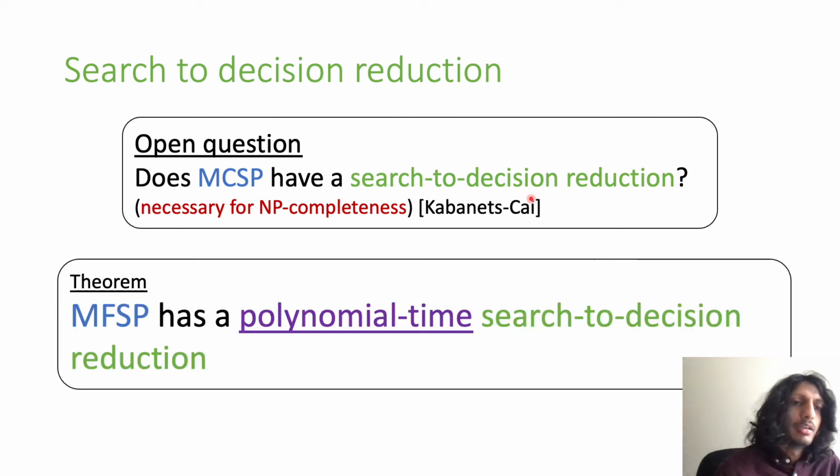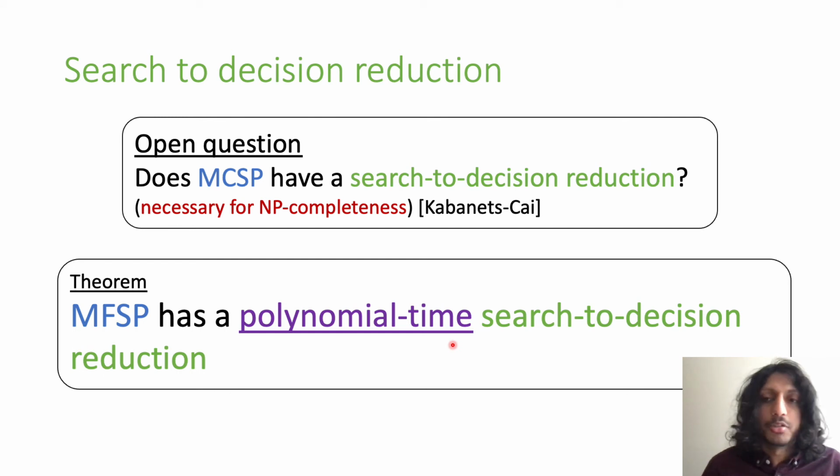Interestingly, building on the techniques we use to show ETH hardness, we can actually show that the minimum formula size problem does indeed have a polynomial time search decision reduction. And one thing that I want to emphasize here is that on the last slide we were talking about sub-exponential time hardness. Here we're actually talking about polynomial time search decision reductions. So that's interesting.